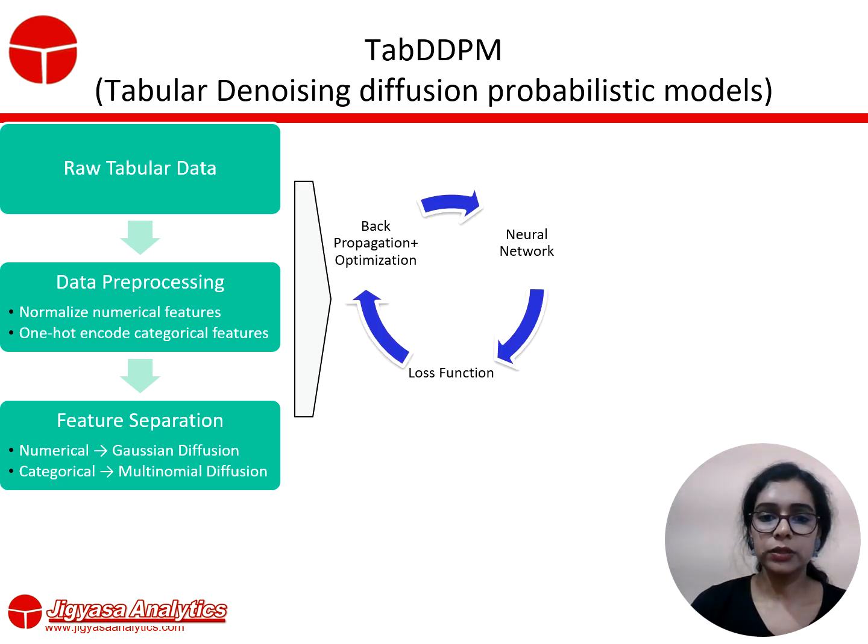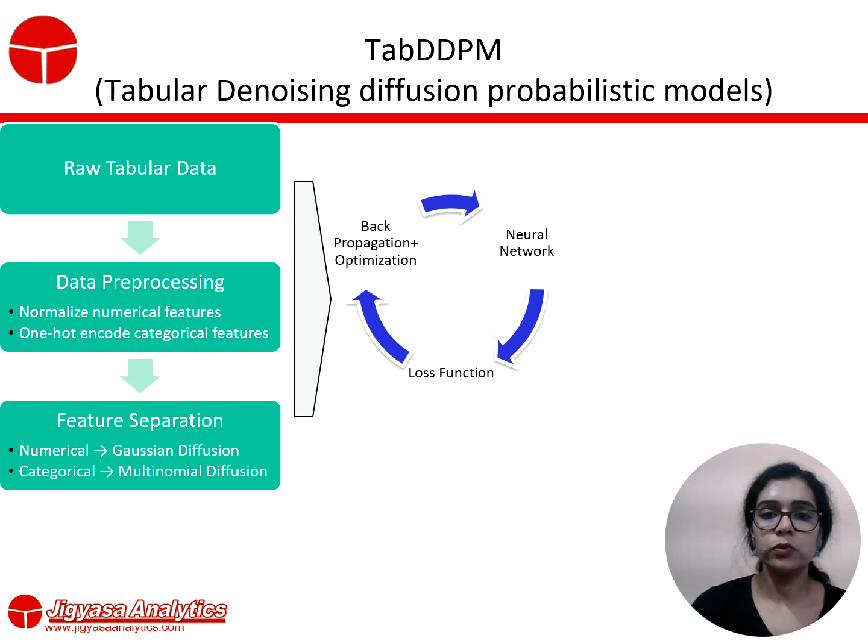At the heart of TabDDPM is a neural network trained using a denoising objective. Noise is added to the data, simulating a diffusion process. The model learns to reverse this noise effectively, generating realistic synthetic data. This is optimized using backpropagation and a loss function, enabling the neural network to approximate the reverse diffusion process accurately.